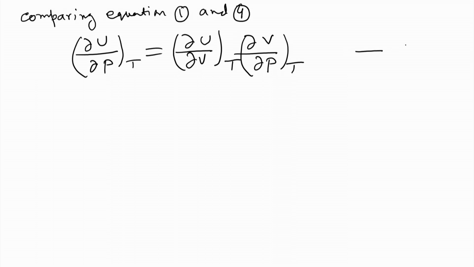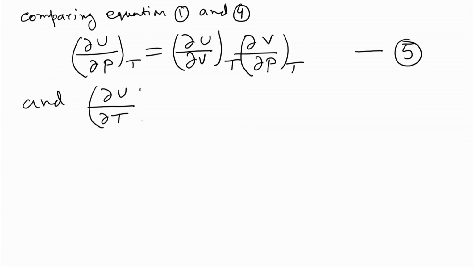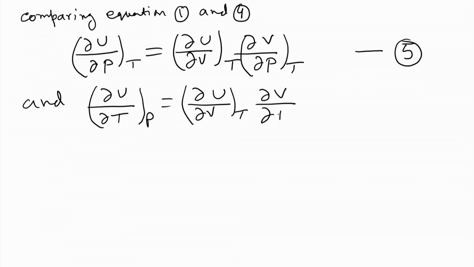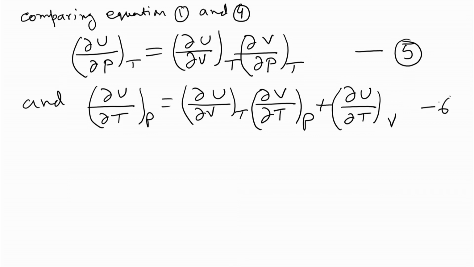So, this is our equation 5 suppose, and we also get del U by del T at constant pressure like this. This is equation 6.